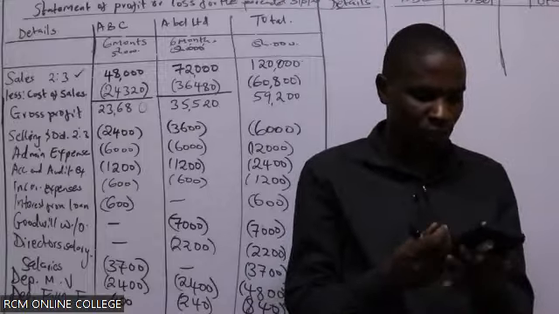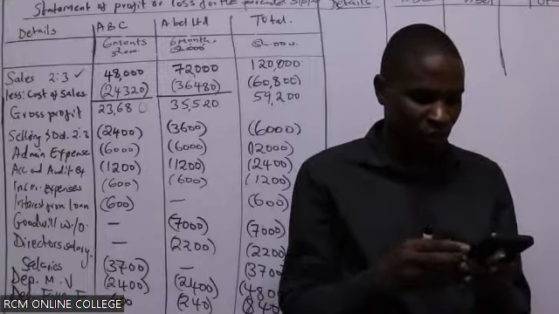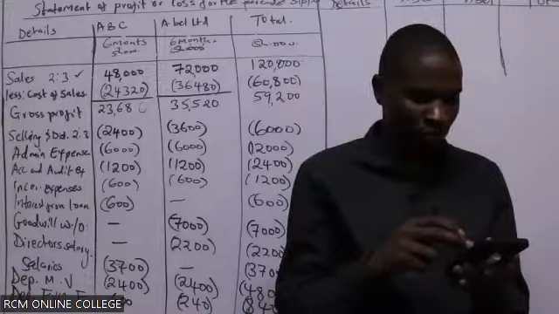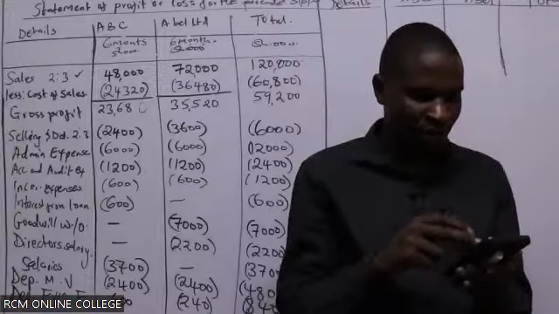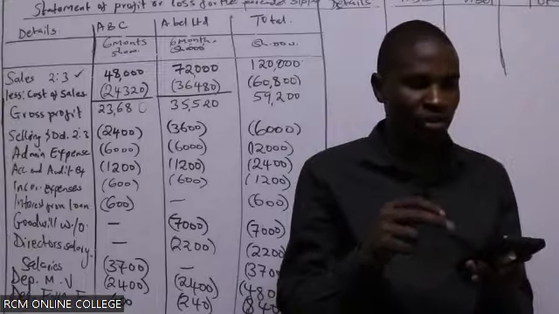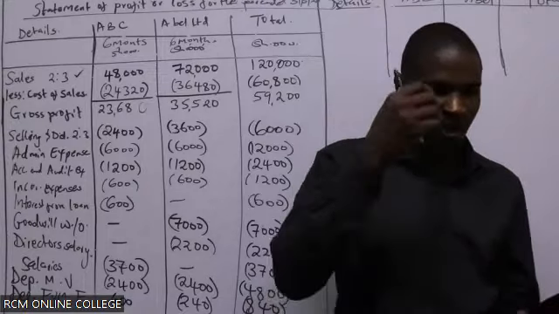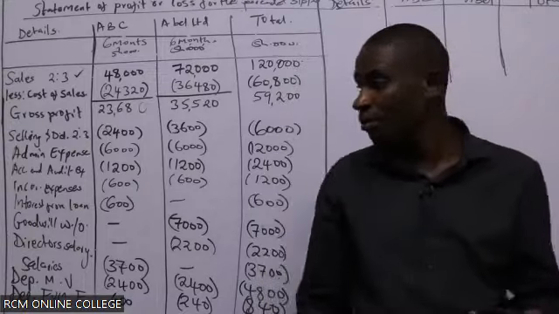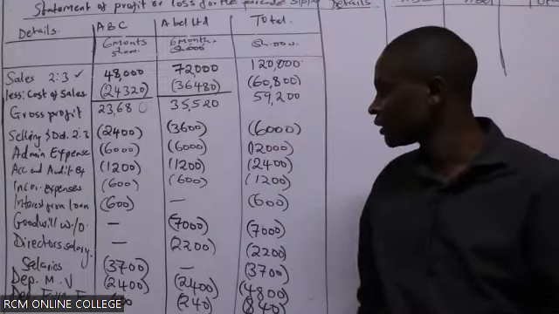Tunataka tujue tulitreat incorporation expense namna gani, because this is incurred by the company only.